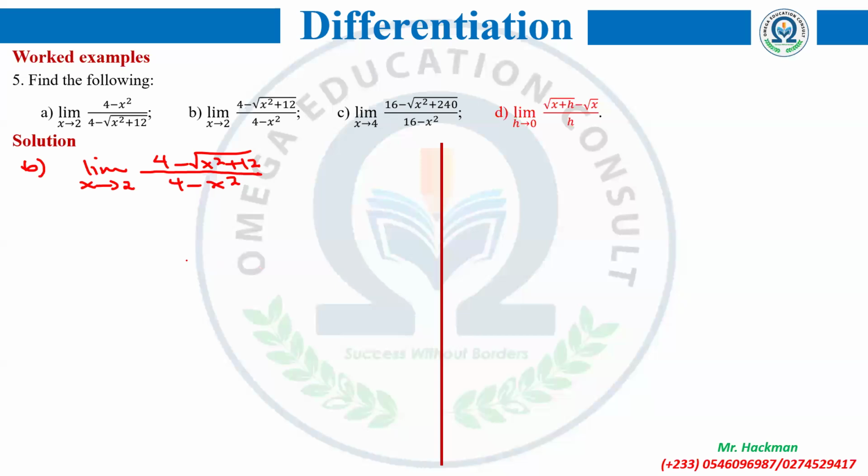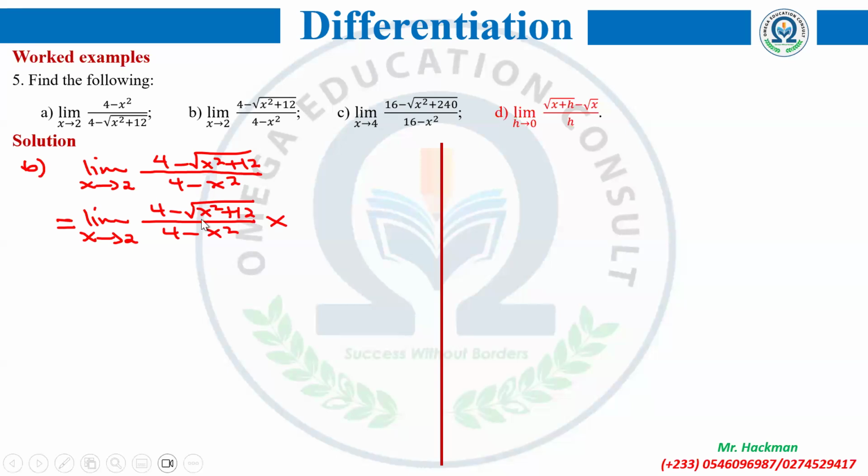So my first step: I'll write my limit again as x approaches 2 of 4 minus root of x squared plus 12, all over 4 minus x squared. I'm rationalizing the numerator this time around, so I have to multiply both the numerator and denominator by the conjugate of the numerator.